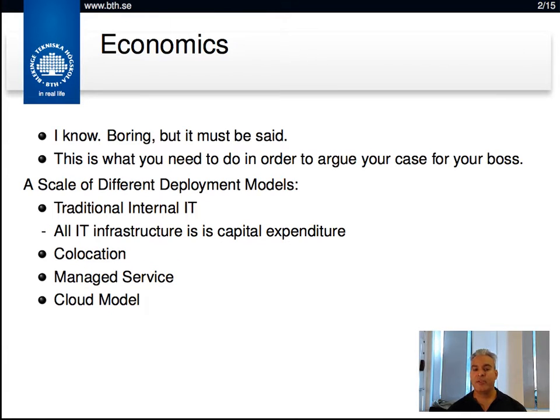In traditional internal IT, you basically buy all the hardware and everything is capital expenditure. You pay upfront, and then you use them. That doesn't mean that you don't have operational costs. It's just that you also have to put up money up front to actually get your service in the first place.